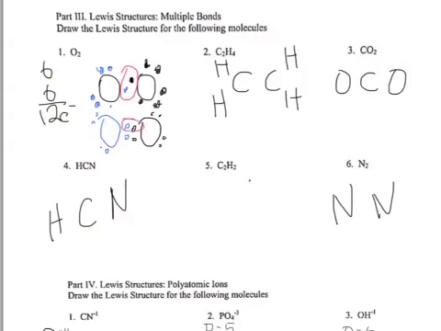They have a bond and a bond. Therefore, each atom feels like it has 1, 2, 3, 4, 5, 6, 7, 8 electrons surrounding it, which is what it wants.